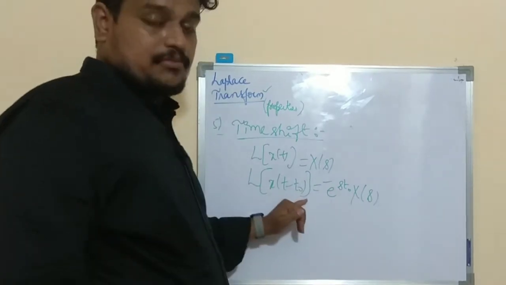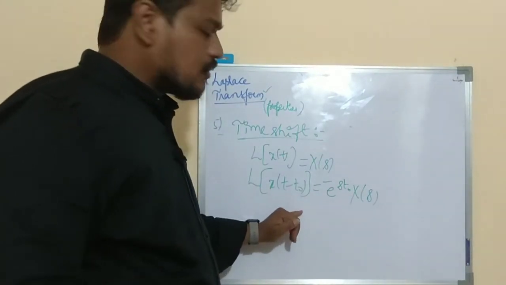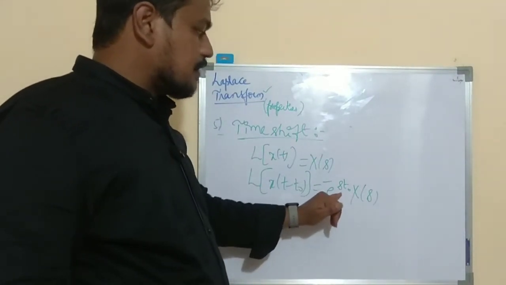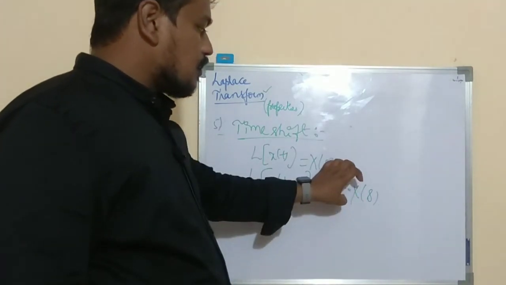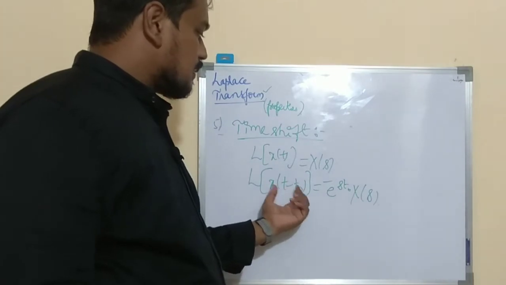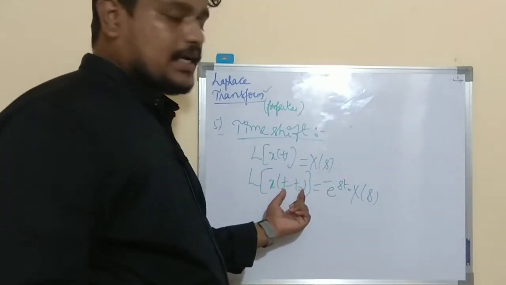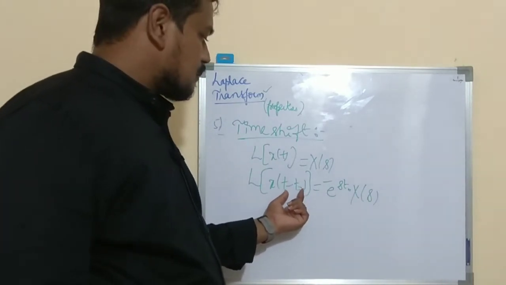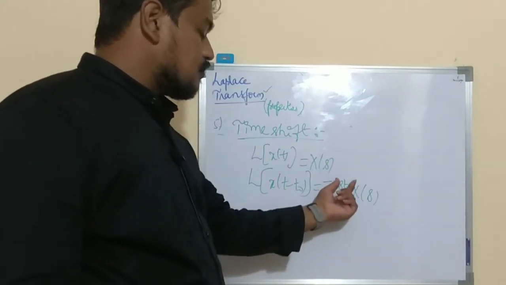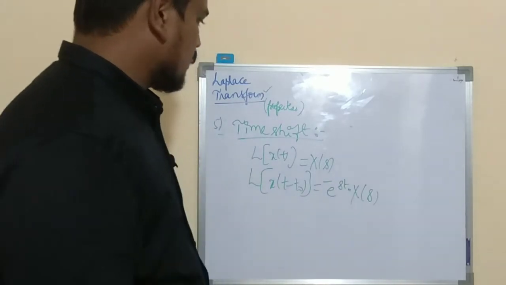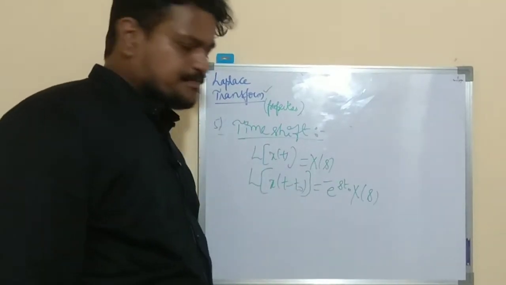Whatever the delay in time is, that delay goes into the exponential e. That delay or shift in time goes in the power of the exponential. So this is about the time shifting property.